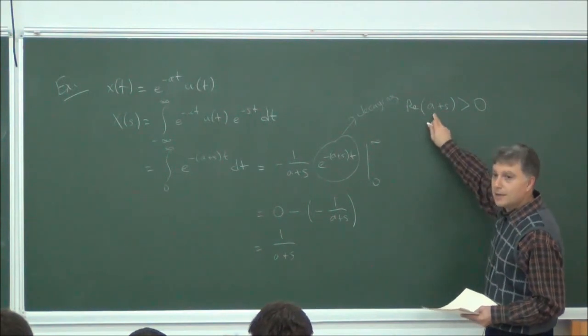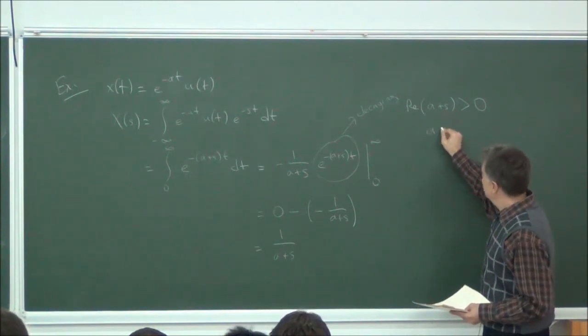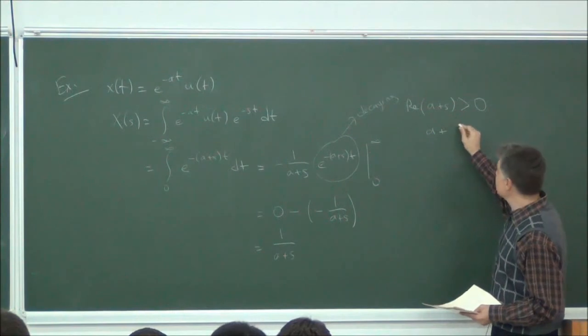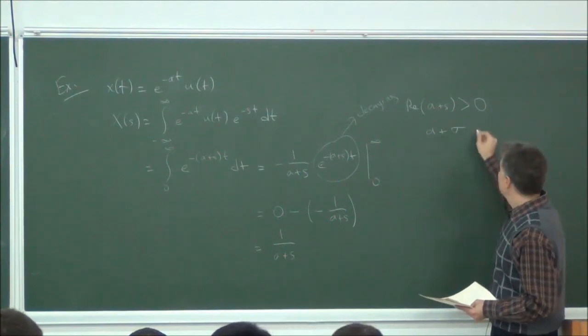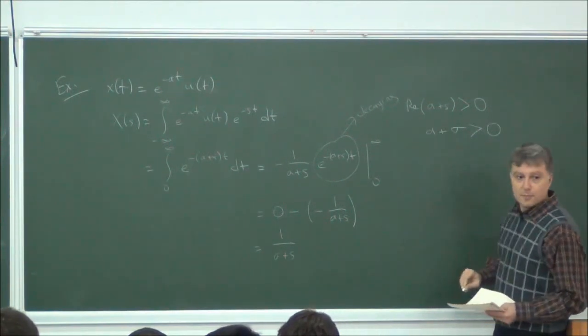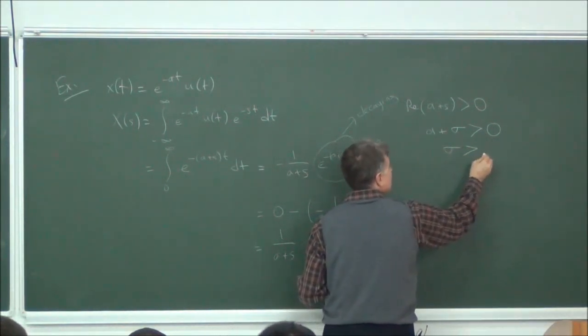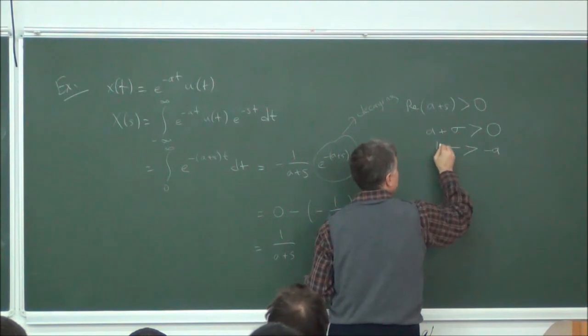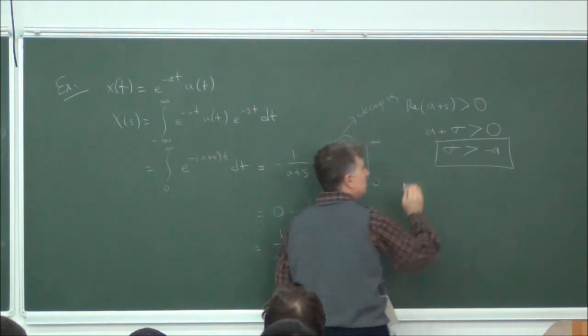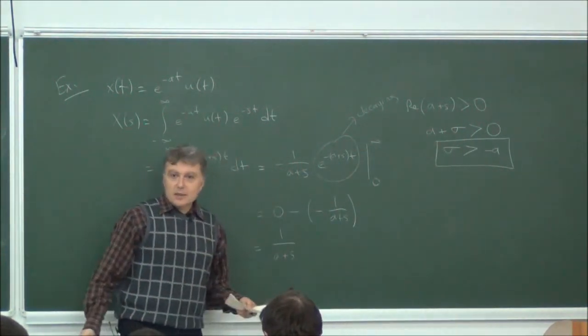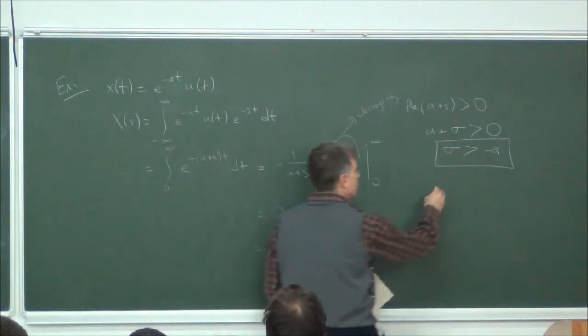The real part of a is a. The real part of s is sigma. That must be greater than 0, and that means sigma must be greater than minus a. That's it. That's a condition.